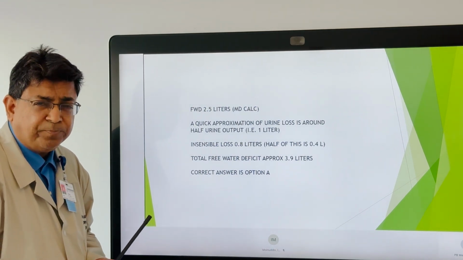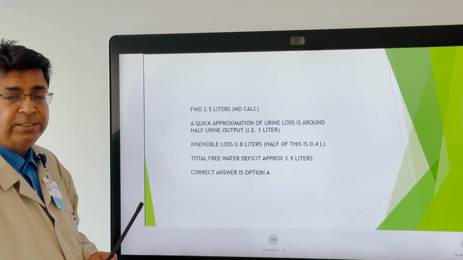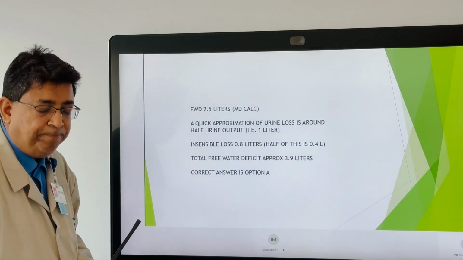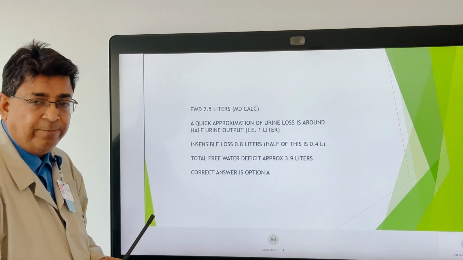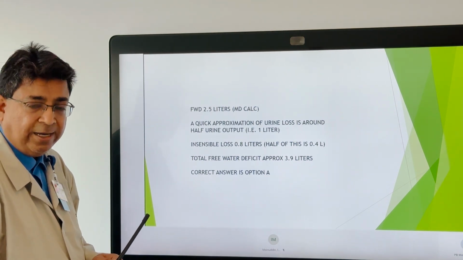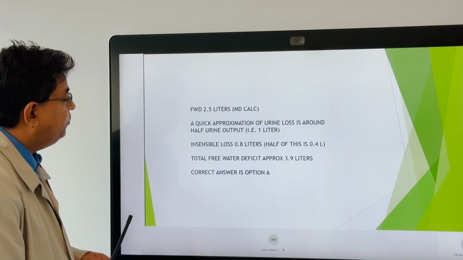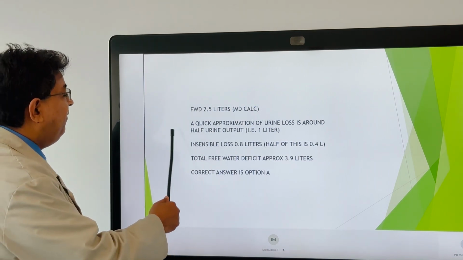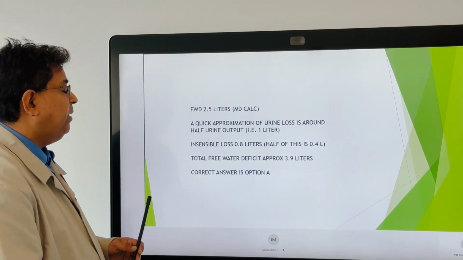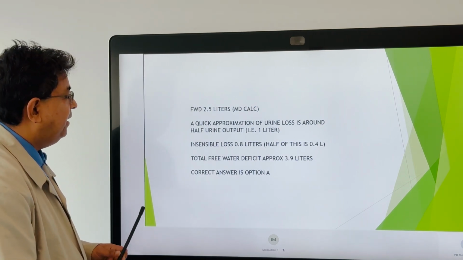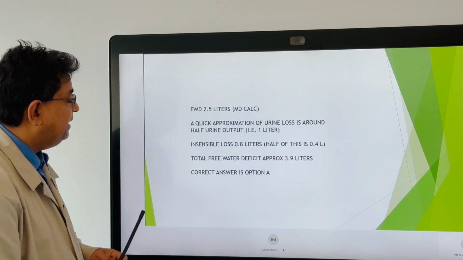The electrolyte-free water clearance, urinary water clearance, can be calculated, but it does require additional information and it requires time and effort. A quick approximation would be to assume that about half of the urine output is electrolyte-free urine loss. So in this case, around 1 liter.